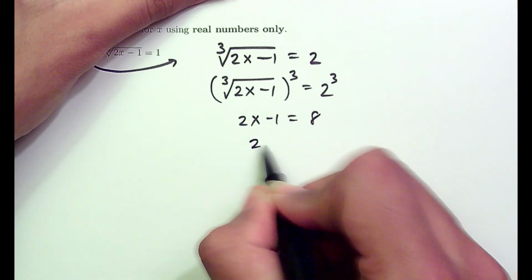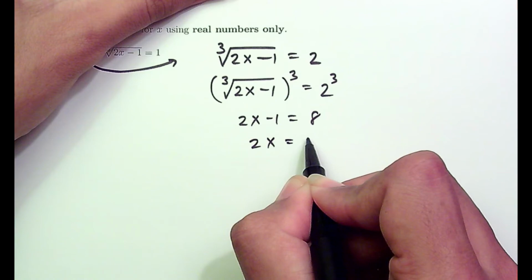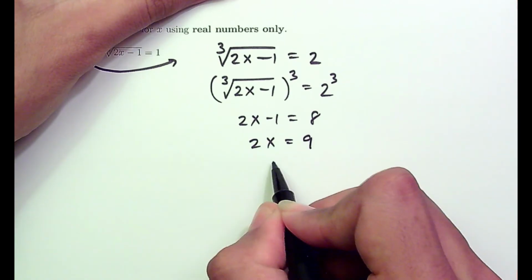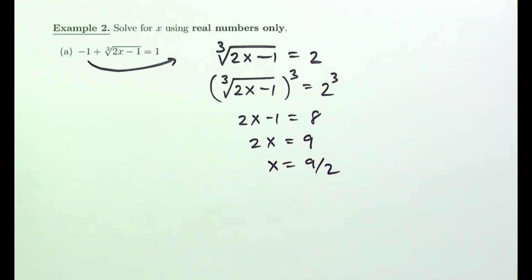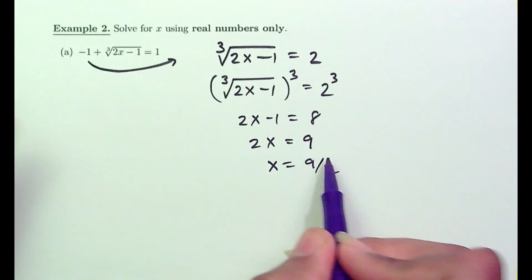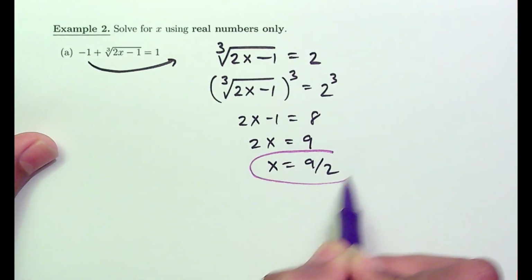And then this would be 2x equals 9, moving the 1. And then that divided by 2, that's 9 over 2. And that is the answer that we got so far.